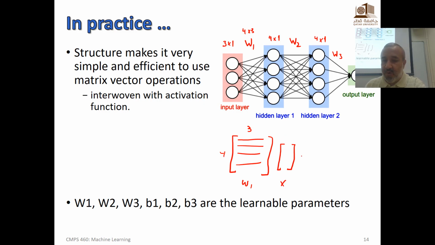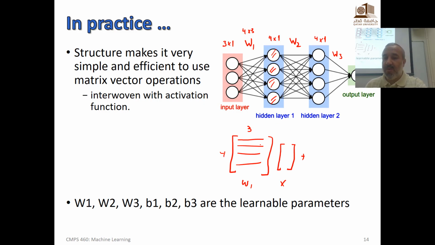Of course, we will add the biases. How many biases do we have? In the first hidden layer, how many biases? 4. We have 4 units here, 1, 2, 3, 4. 4 neurons. There is a bias for each neuron.